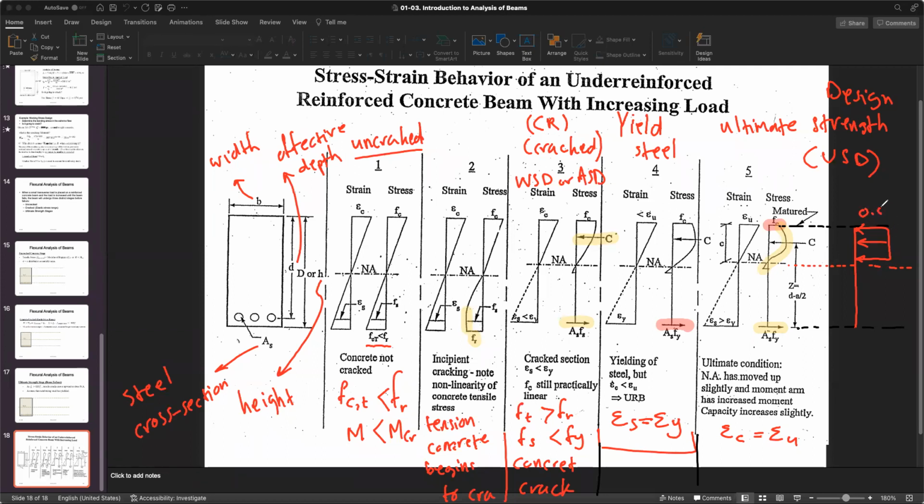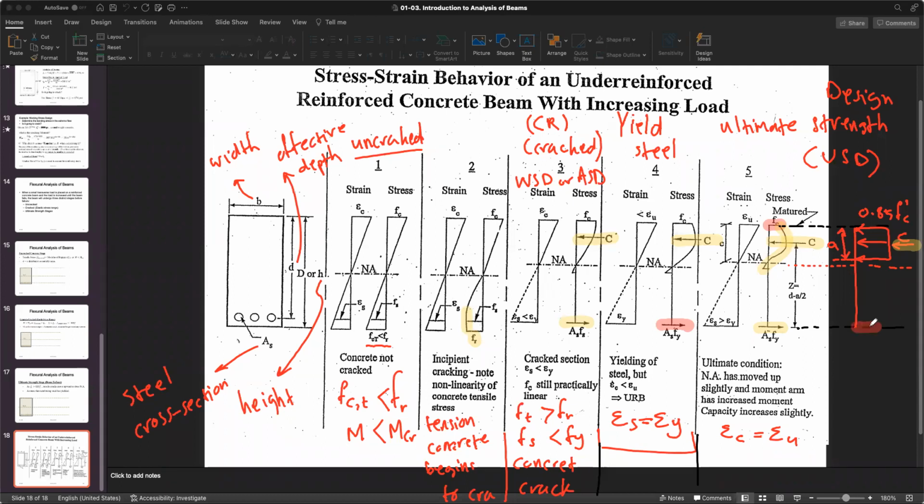We're gonna say its height is 0.85 f prime c. So its intensity is 0.85 f prime c, and its height is a, that we're gonna calculate, we're gonna learn about it. All right. And there is a C as a compressive force that we discussed. That is the equivalent compressive force, right? Same as this guy and same here and same here. Okay.